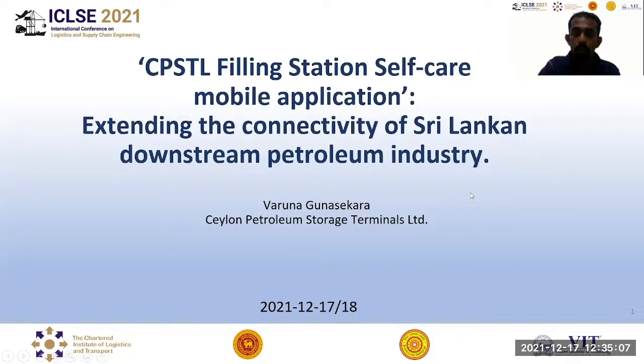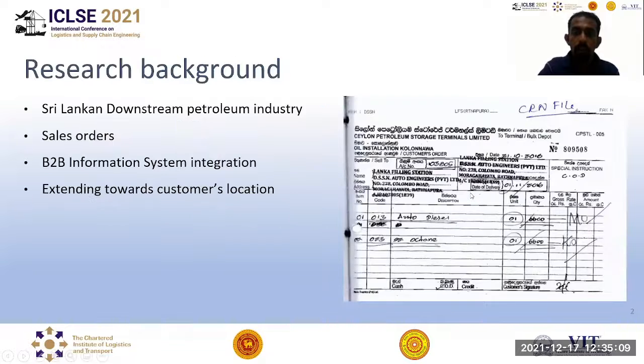So basically, my paper is regarding the sales order process of the downstream Sri Lankan petroleum industry. The research background is how the customer and the supplier deal with their sales orders. It deals with business-to-business information systems, especially where the supplier's information system is integrated at the customer's level.